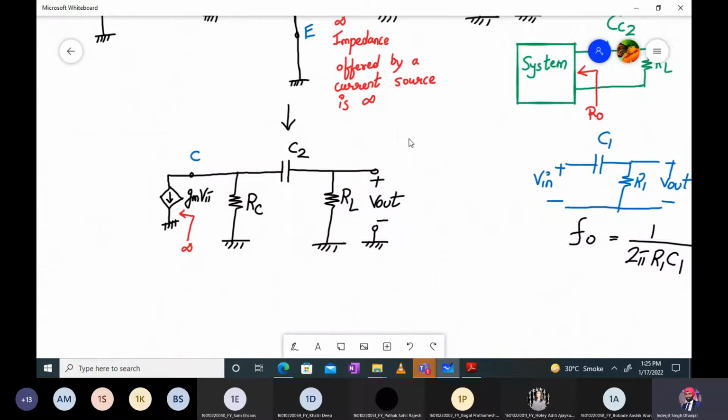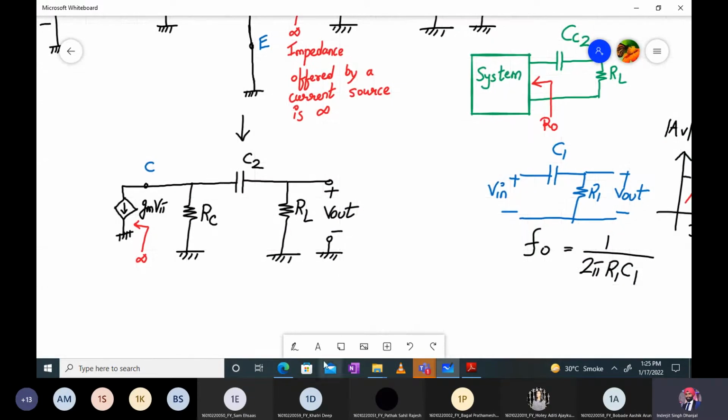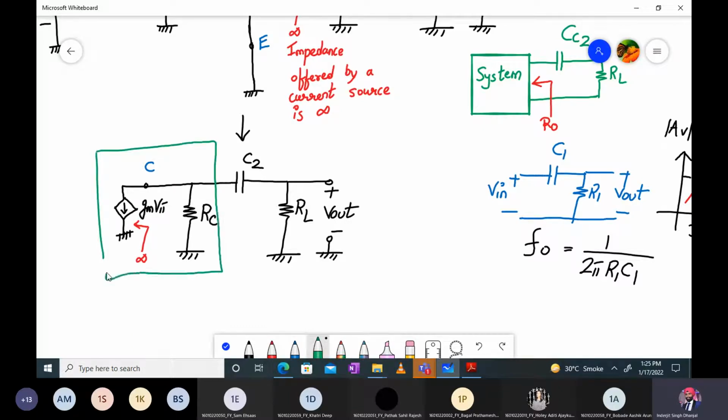What is our system right now for us? Our system is this, no? Let me mark it over here. This is how our system looks like, right? This is the system. So right now I have to find out what is my RO. Correct.